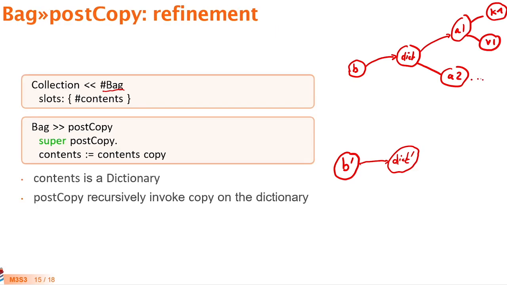Coming back to my previous drawing, it means that I will also have a duplication of the associations, and the only things that are shared are the real objects. So my two bags, B and B prime, are completely independent. I can insert new values and I can remove values. They will work independently. The only things that are shared are the real objects and the keys.